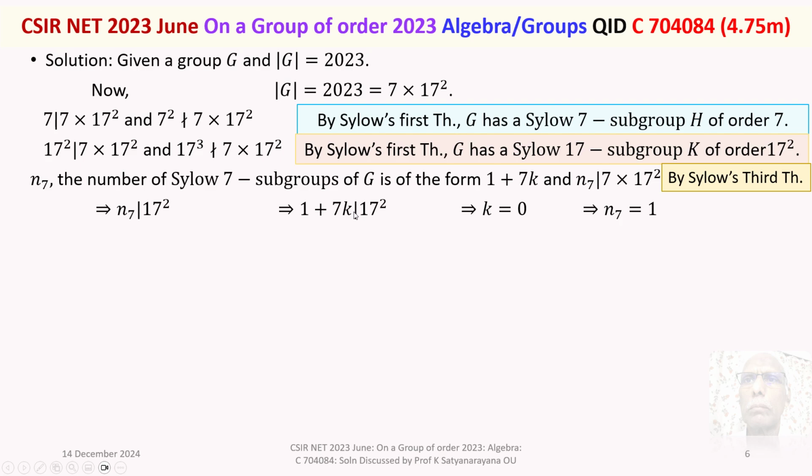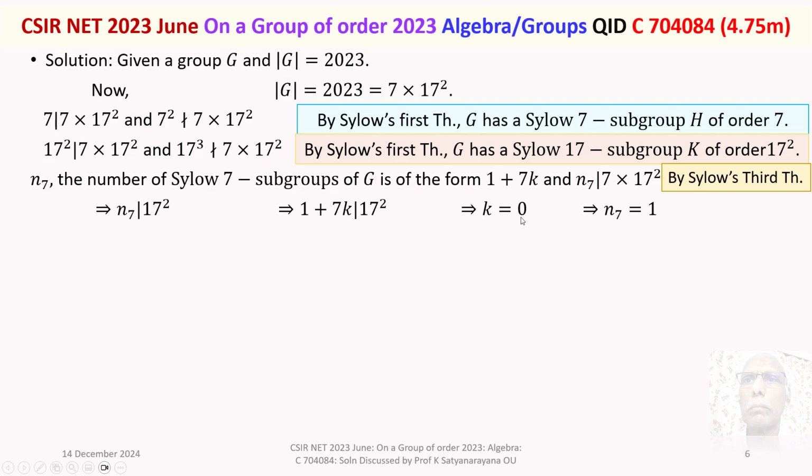For k equal to 2, 2 sevens are 14 plus 1, 15, which does not divide 17 square. For k equal to 3, 3 sevens are 21 plus 1, 22, and it does not divide 17 square. Going on like this, we will find k equal to 0 is the only solution.